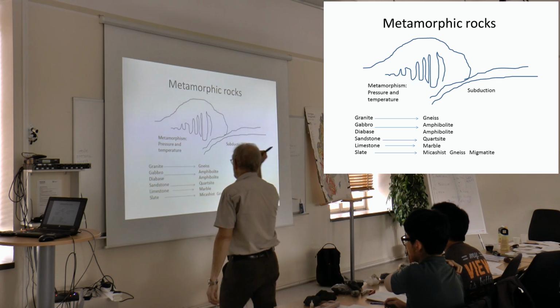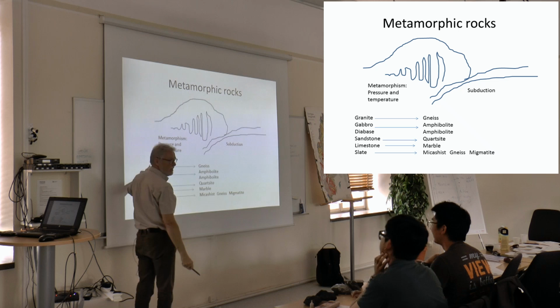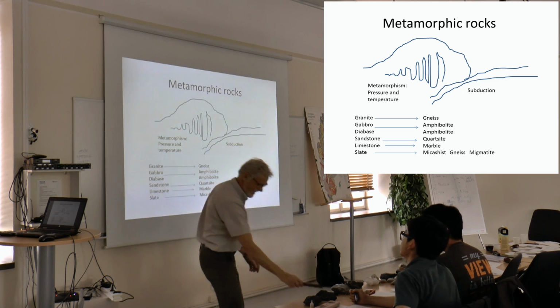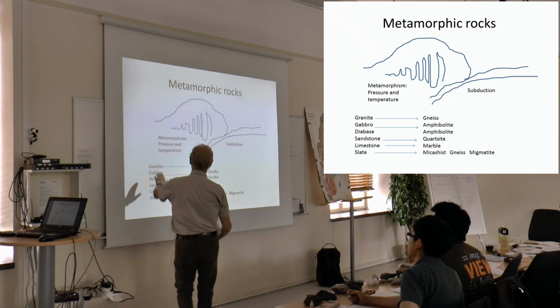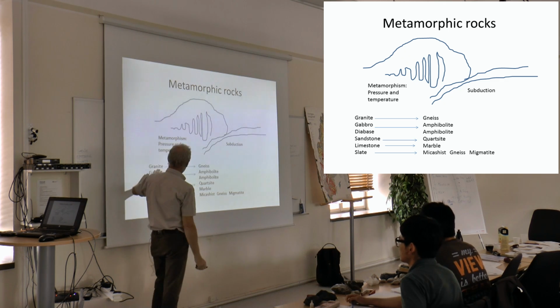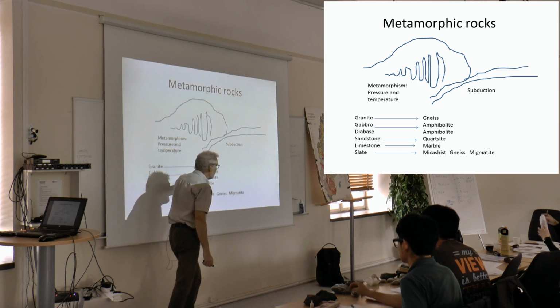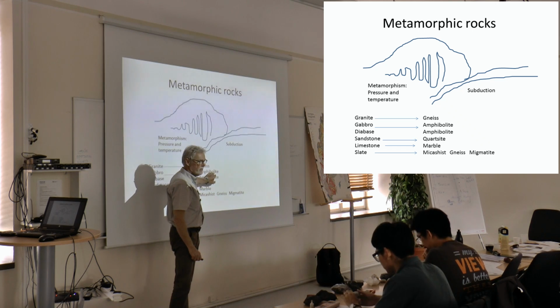So, we have this subduction, we have granite, sorry, granite turns into a gneiss. A gabbro, this basic rock type, will turn into amphibolite.